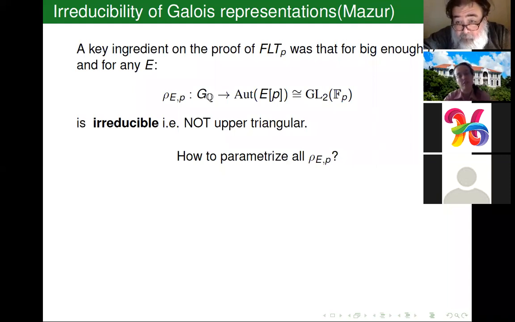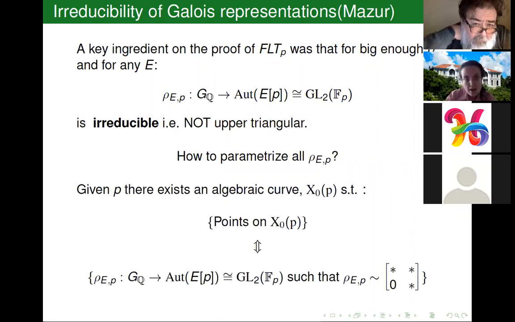You need a parameterization. You need another object that packages all these representations into itself. That can be done by an algebraic curve, the so-called classical modular curve, denoted by X0(p). The parameterization is as follows.